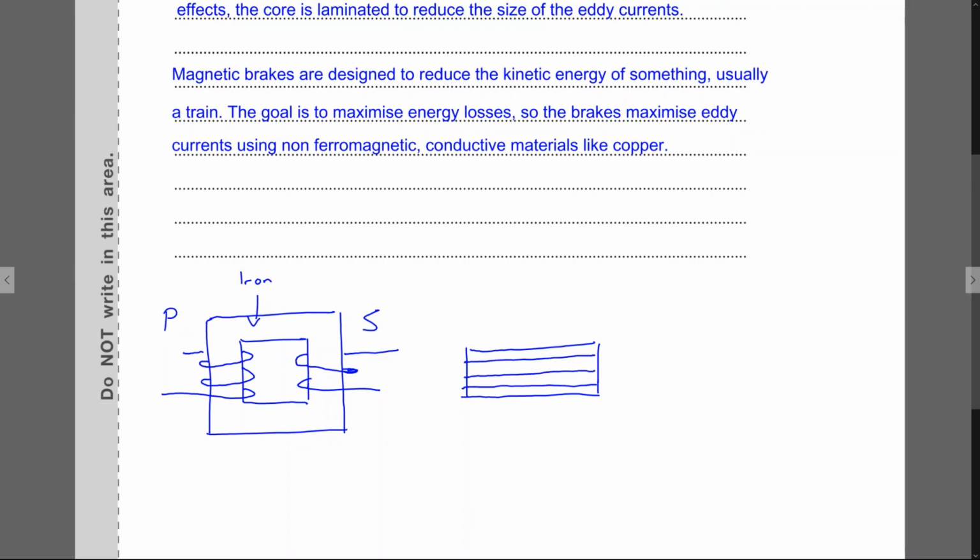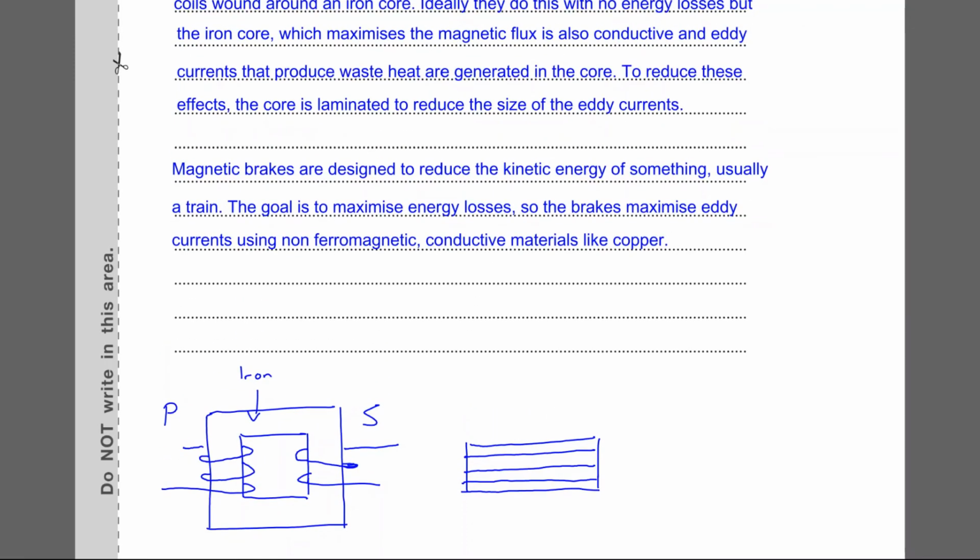So that the layers of iron are pretty thin, and only very small eddy currents can form inside them, and that reduces the energy losses basically. Cool. So, just to sum that up again, transformers are trying to reduce energy losses, magnetic brakes are trying to maximize those energy losses. Cool.